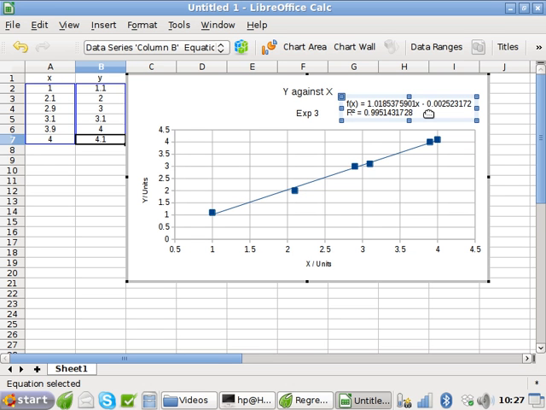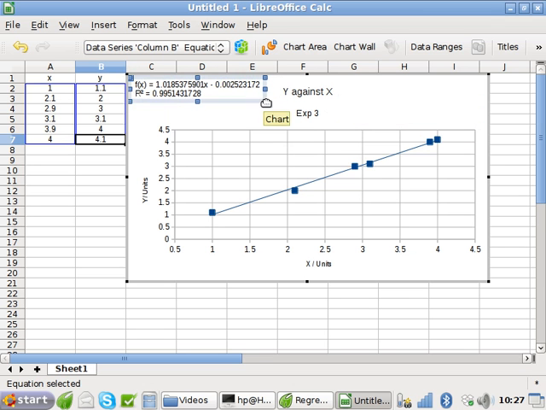After that it's minus? Yes. F of x equals 1.018x minus 0.0025. After x it's minus? It's not that small.